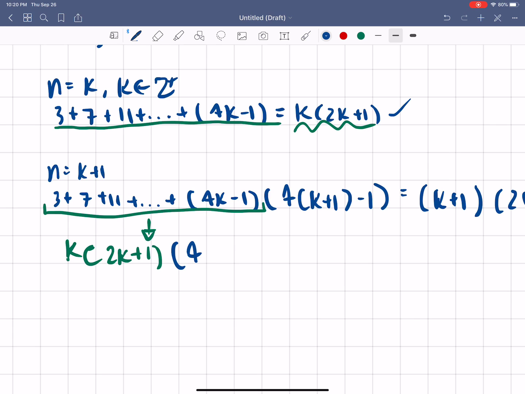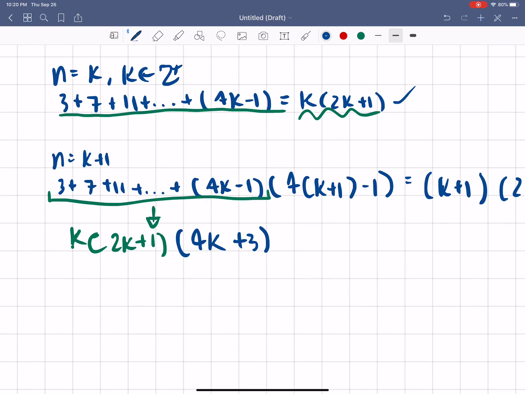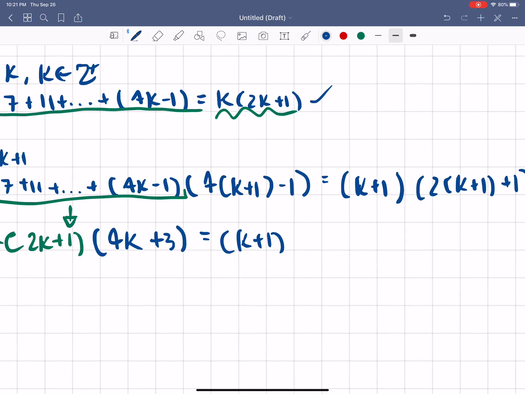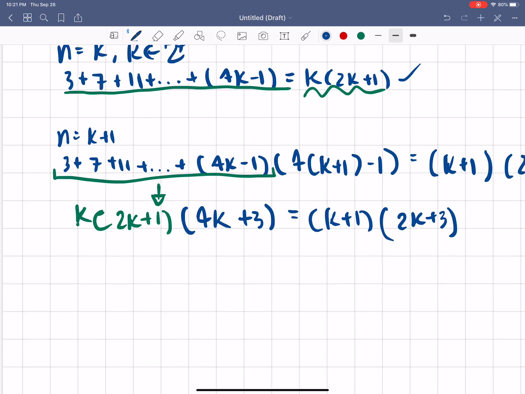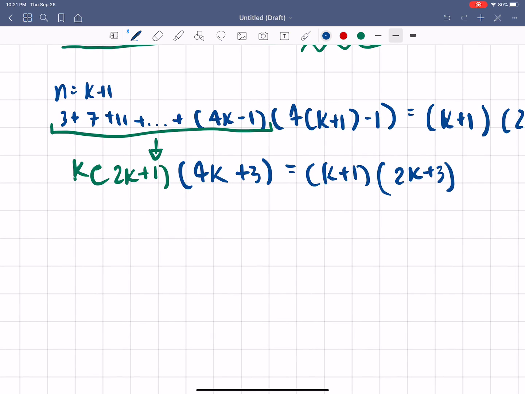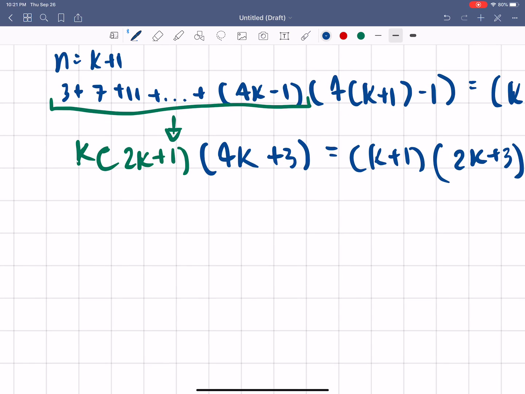4k. k plus 1, 2k plus 3. After that, it's just a matter of expanding everything out.